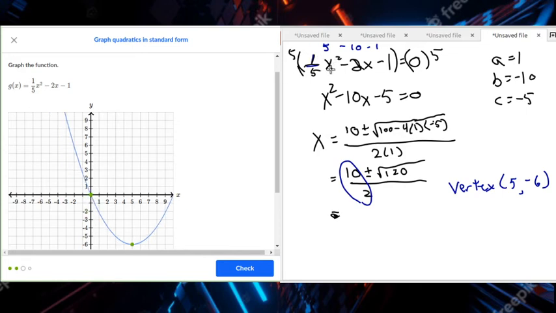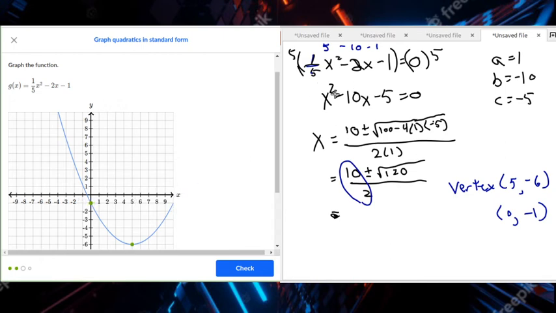Let's find one other point and make that point 0. So 0 and minus 1: 0, negative 1 is our other point. And it looks like we have 10, negative 1 as another point. Make sure that's right: 5 this way, 5 that way, yes.